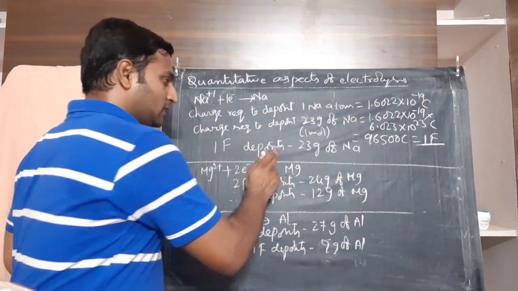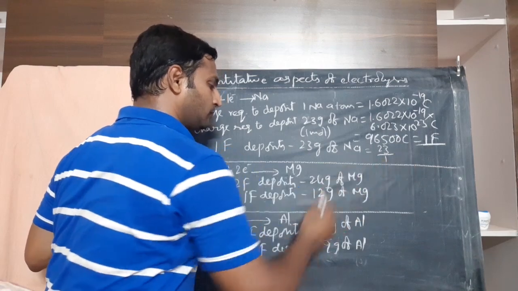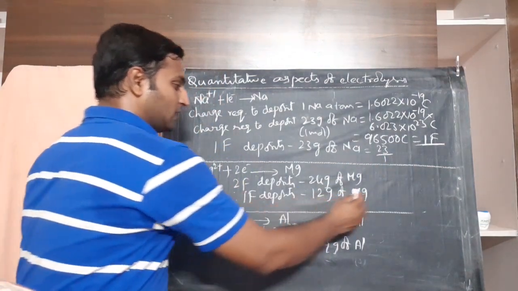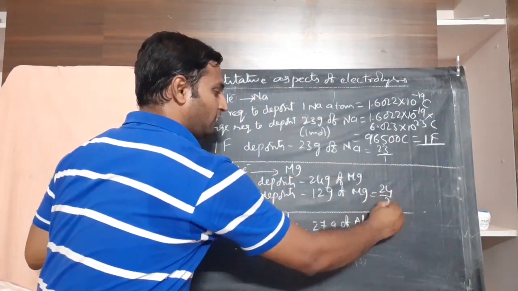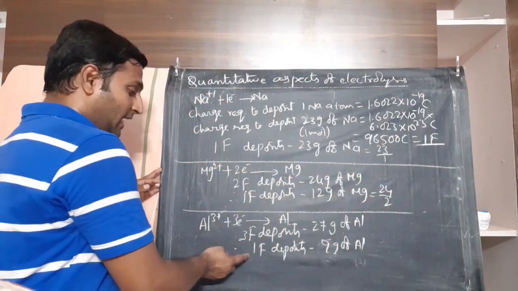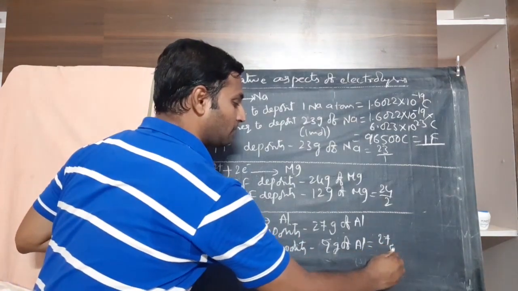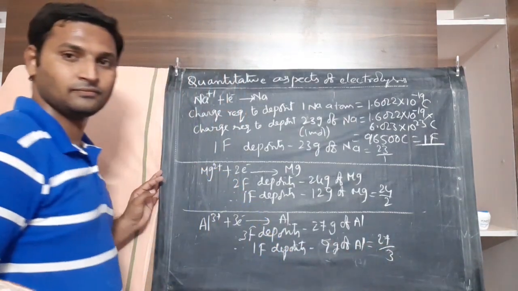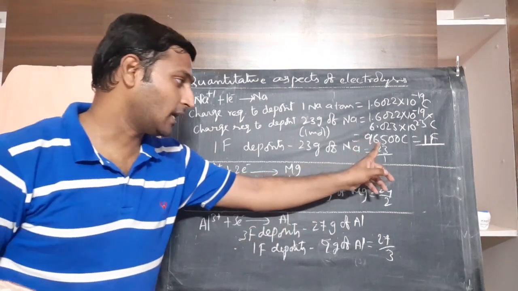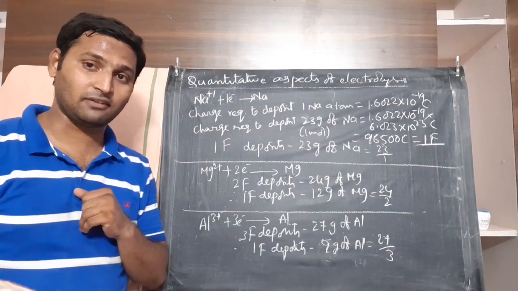Now you observe carefully. 1 Faraday deposits 23 grams of sodium, which is 23 by 1, I can say. 1 Faraday deposits 12 grams of magnesium, which is 24 by 2, that is atomic mass by 2. And here 1 Faraday deposits 9 grams of aluminium, which is its atomic mass by 3. Now, what are 1, 2 and 3 for sodium, magnesium and aluminium respectively?